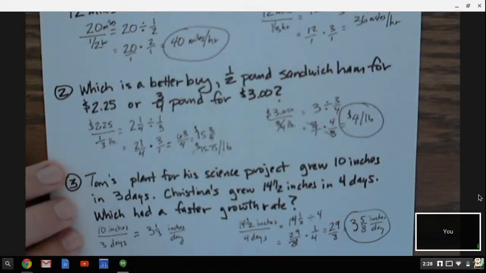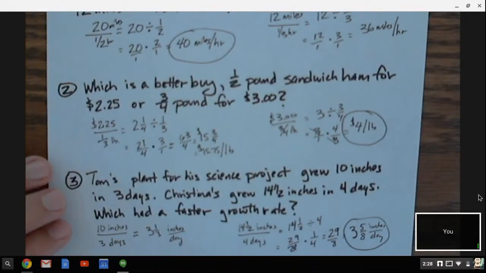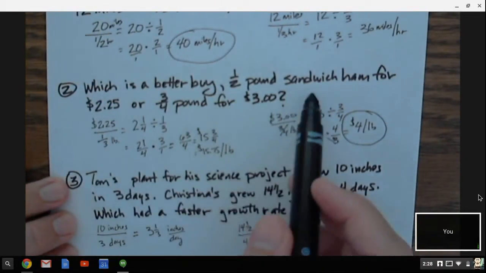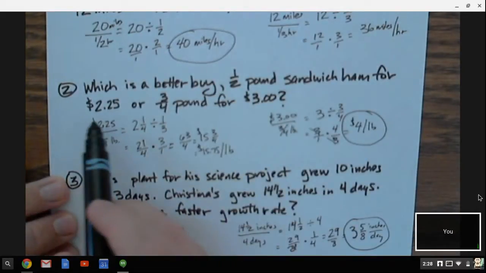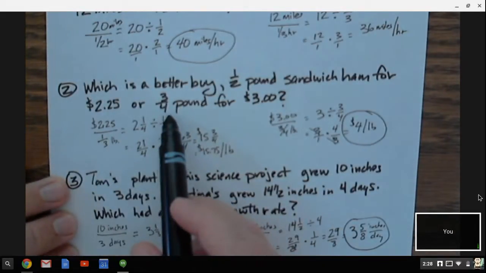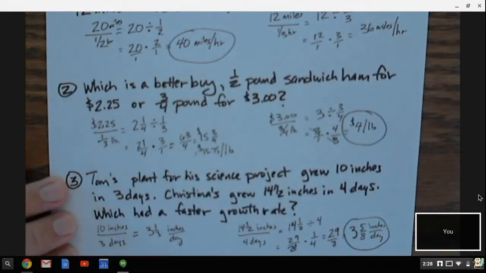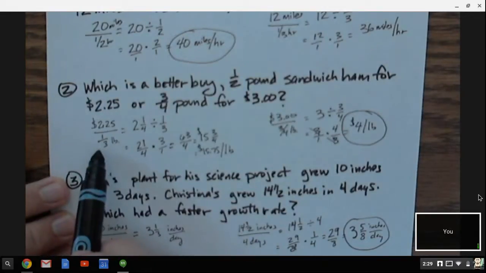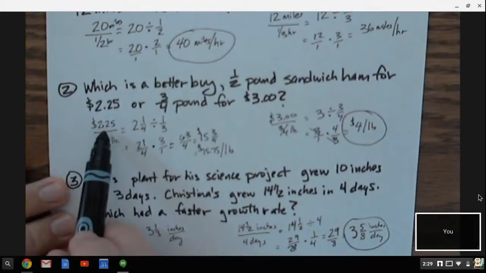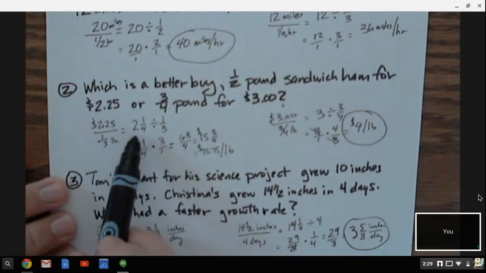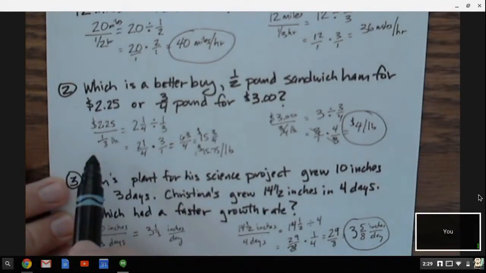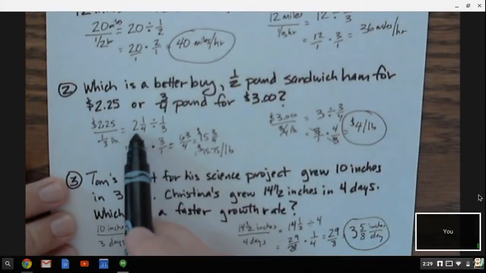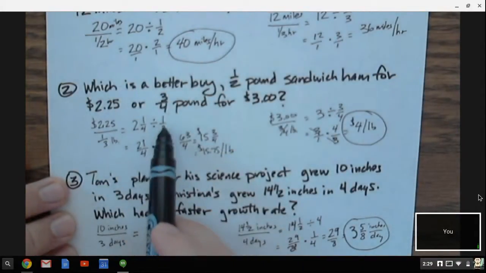All right, the second problem, which is a better buy? A half a pound of sandwich ham for $2.25 or 3/4 of a pound for $3. Computed both of the rates. In this case, he's taking $2.25 divided by 1/3 of a pound. Now, this student recognized that 2.25 is really the same as 2 1/4. 25 cents is a quarter. So he wrote that as 2 1/4 divided by 1/3.